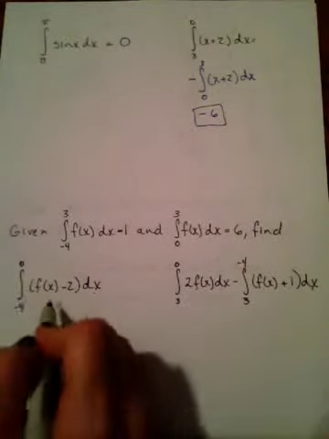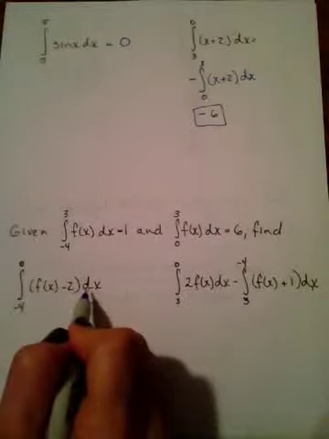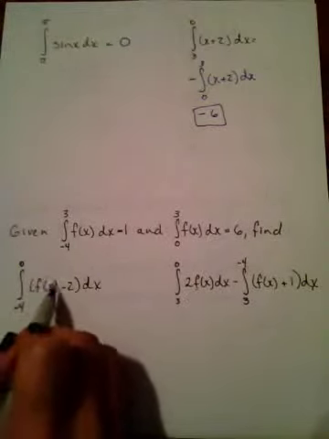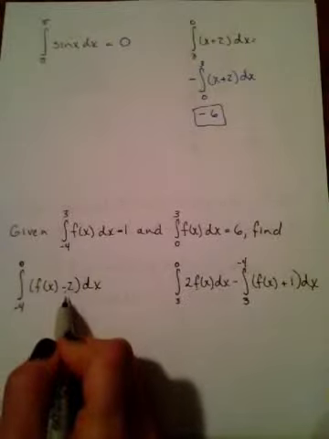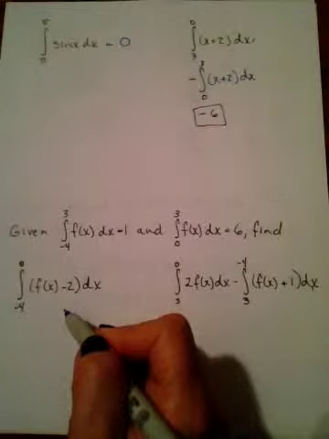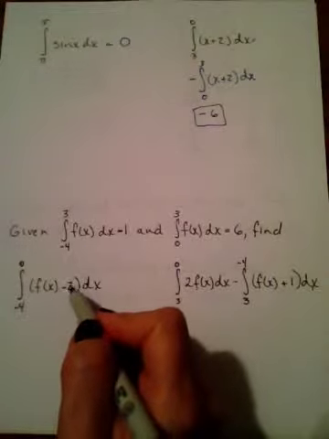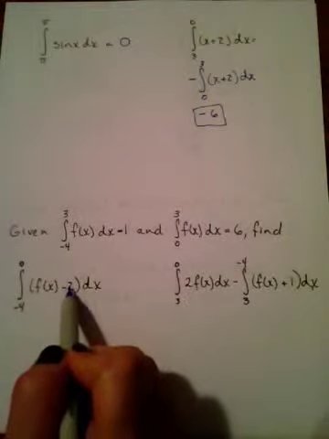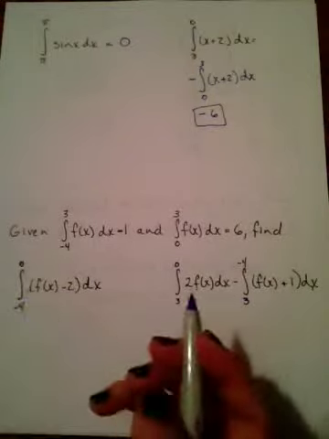Well, what you can always do is just break these down piece by piece. Geometrically, you have this function f of x, and you're lowering it by 2. So the entire function is moving 2 down, which will subtract some area, but it won't subtract an area of 2. It's whatever rectangle has a height of 2 from 0 to -4.